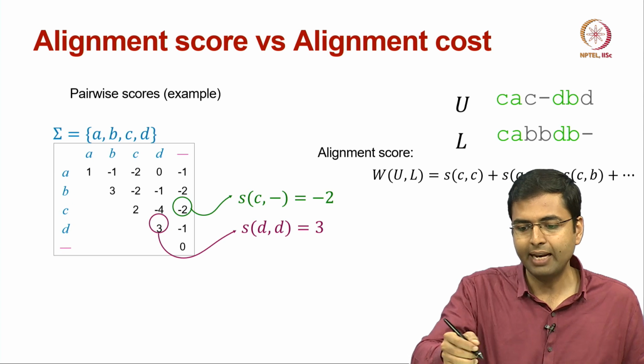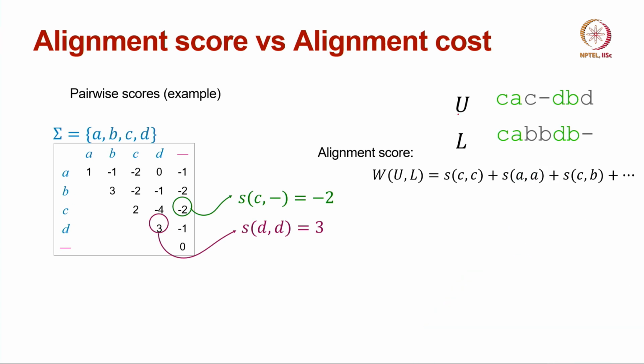For this alignment u and l, the alignment score will be the score of matching C to C, then A to A, C to B, dash to B, and so on. So, using this matrix, what would be the score of this alignment? We can do that calculation.